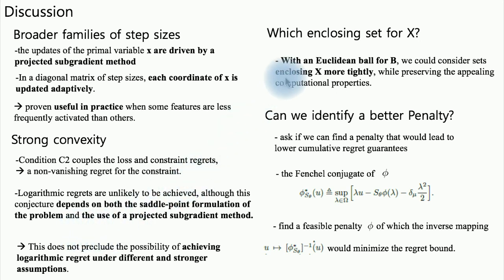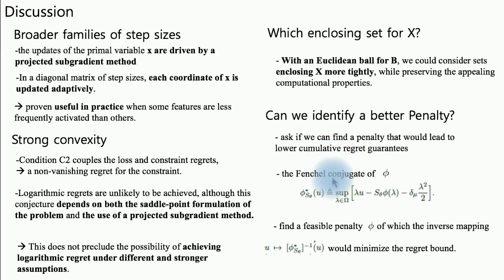Third, with a Euclidean ball for B, we could consider a set enclosing X more tightly while preserving the appealing computational property in experiments. Finally, finding a better feasible penalty term to minimize the regret bound further is future work. This is the end of my presentation.